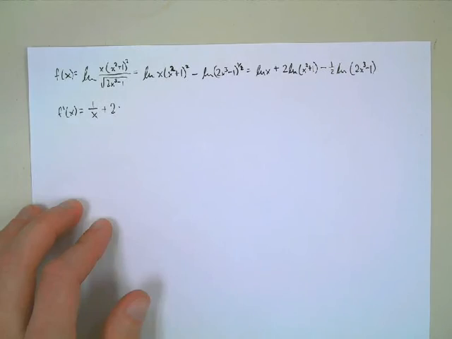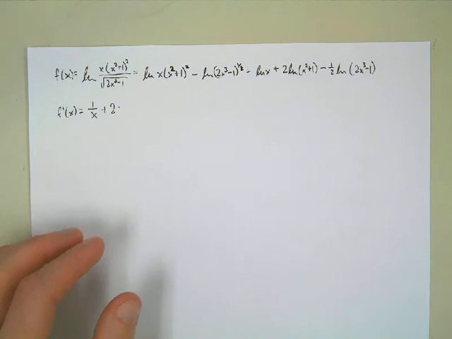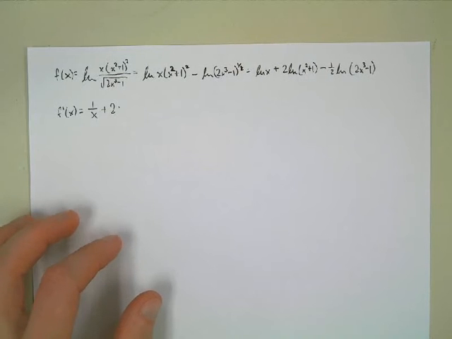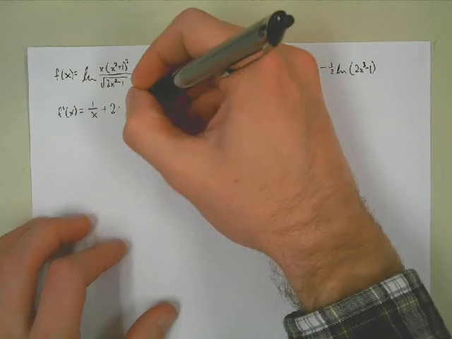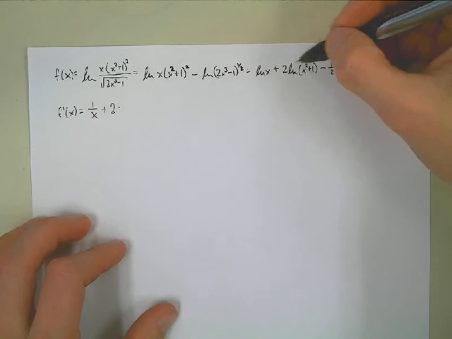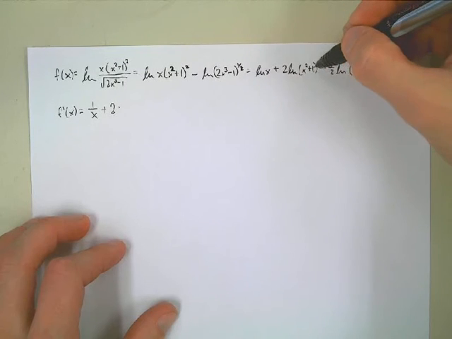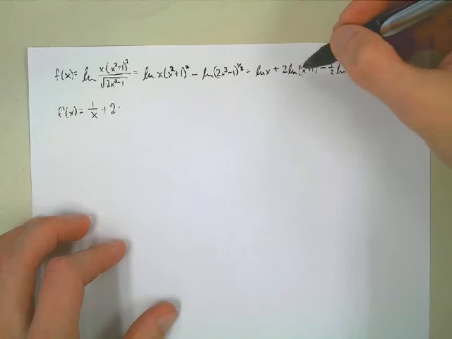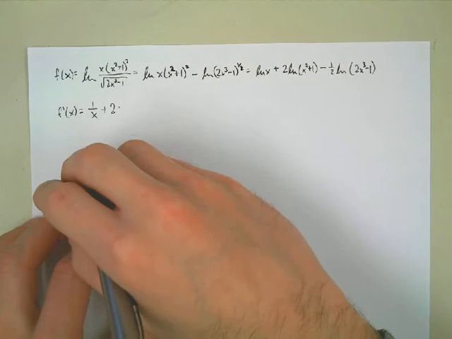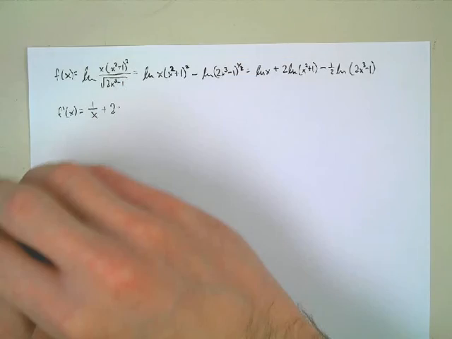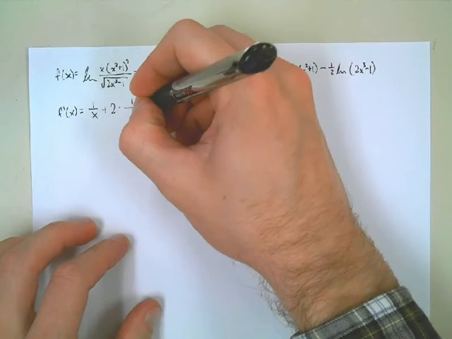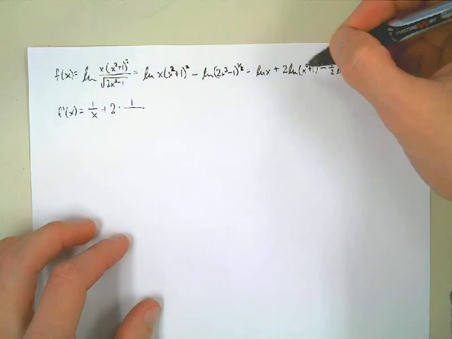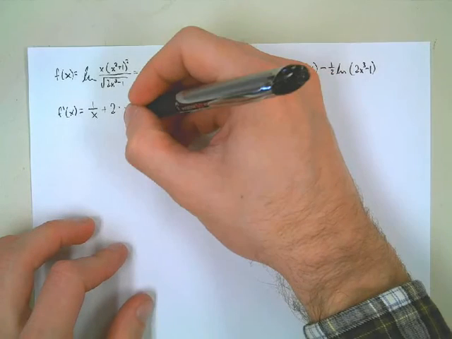It's going to be 2 times natural log of x squared plus 1, and I put the 2 times there. Ooh, careful, we have to do 1 over. The derivative of natural log of something is 1 over that something. So it's 1 over x squared plus 1, then times the derivative of what's inside, which is just what? 2x, like you said. Okay.